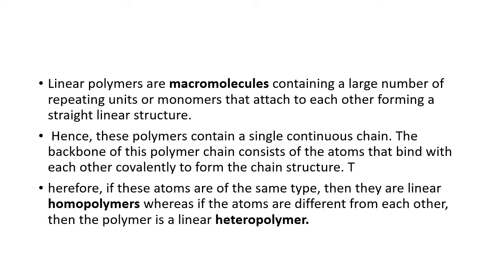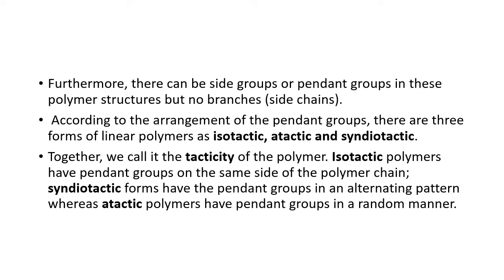Therefore, if these atoms are of the same type, then they are called linear homopolymers. Whereas if the atoms are different from each other, then the polymer is a linear heteropolymer. Furthermore, there can be side groups or pendant groups in these polymer structures, but no branches, no side chains.